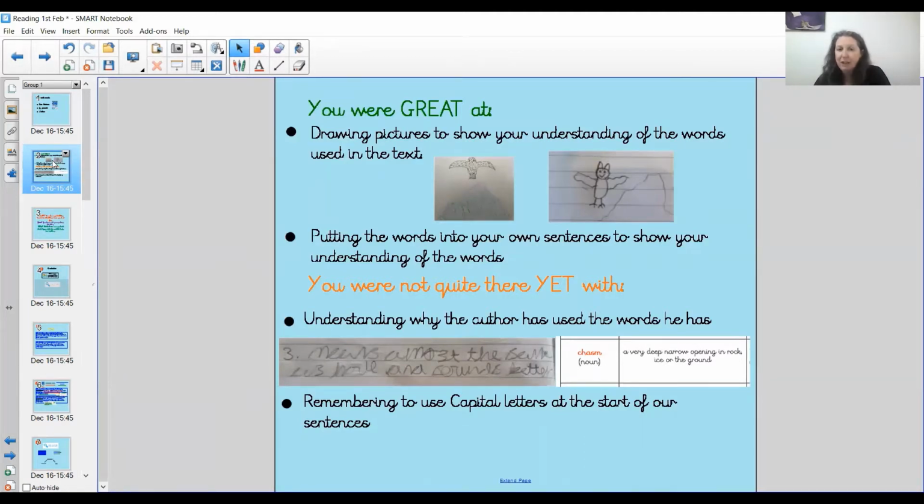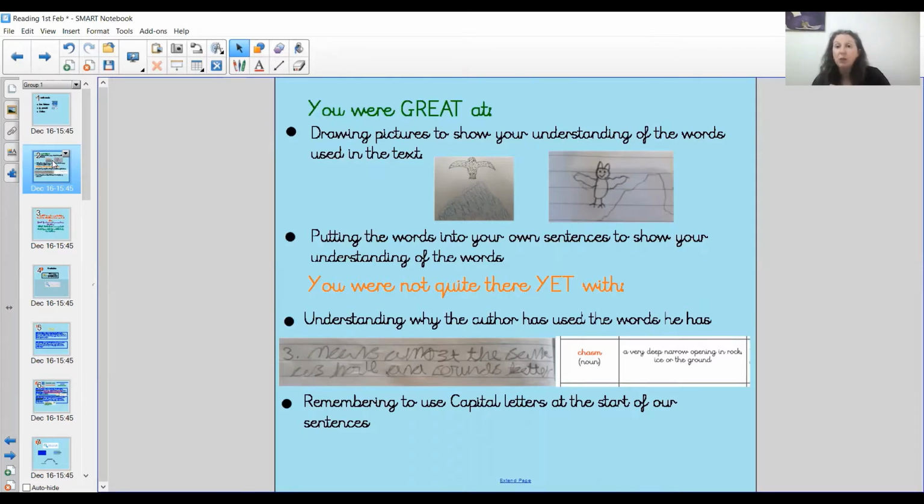Okay, we're not quite there yet with understanding why the author has used the words that he has. For example, question 3 asked why he'd used the word chasm and not hole. Okay, so a lot of you said that it just sounded like a better word. But the reason he had actually used that word is because the meaning of chasm was a very deep, narrow opening.